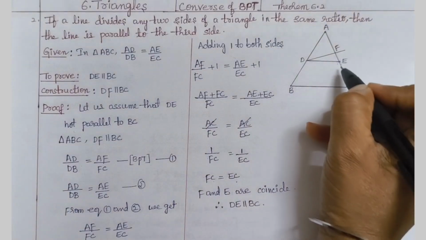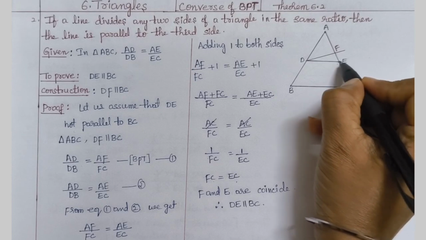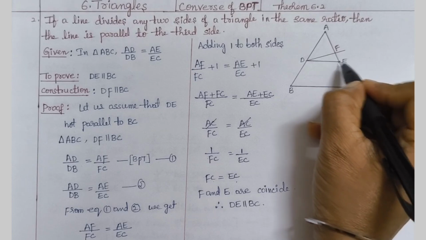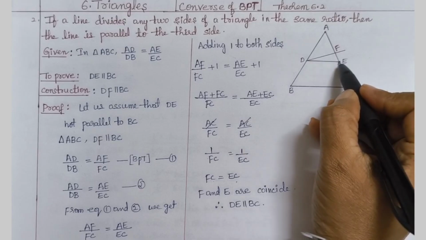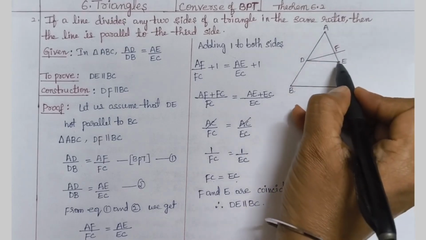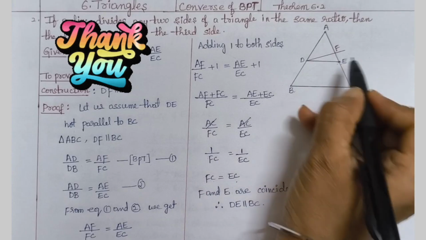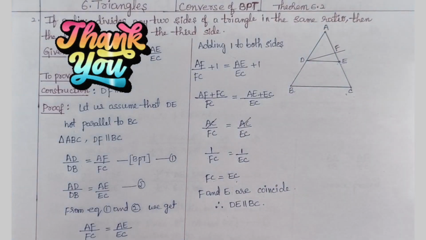So this means DE is parallel to BC, since F is at the same place as E. So according to this, DE is parallel to BC is the answer. This is the question.